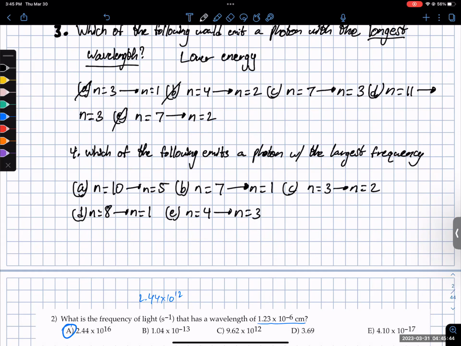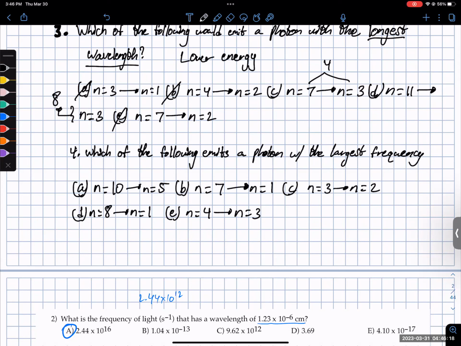So now we look at our energy. This one goes 4 levels, and this one, it's kind of hard to see because it goes on multiple lines, but this one's 8 levels. So which one would have a lower energy? Well, think about it. You're jumping off 8 floors of a building as opposed to 4 floors of a building. 8 floors of a building, it would hurt.